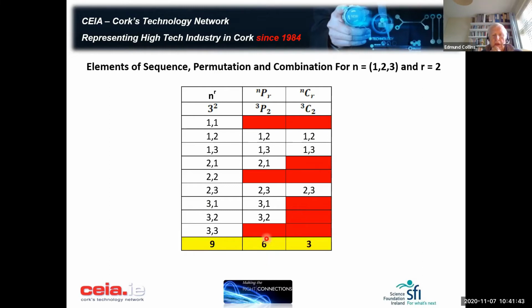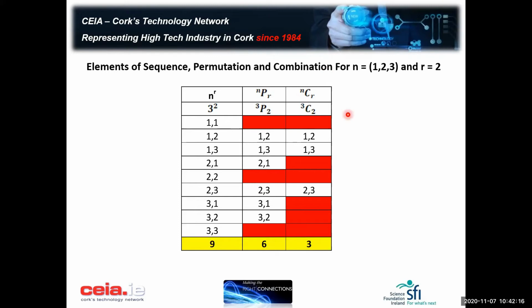So if you do happen to get a question that asks you to calculate a permutation, and also calculate a combination, and the combination doesn't turn out to be less than the permutation, then something is wrong. The combination will always be less than the permutation. The permutation will always be less than the sequence. So I hope this slide gives you a good idea of the difference between the two.